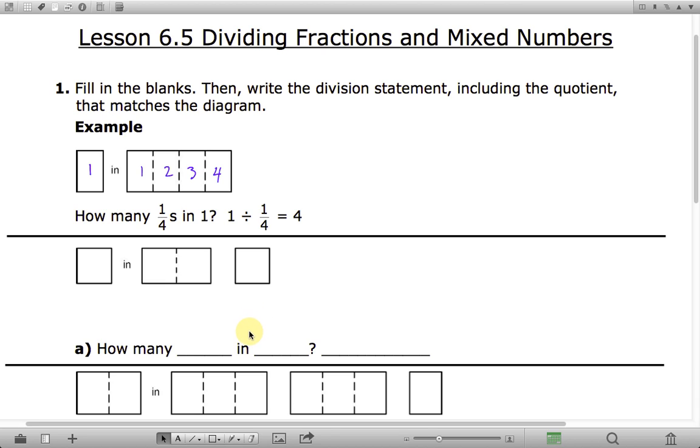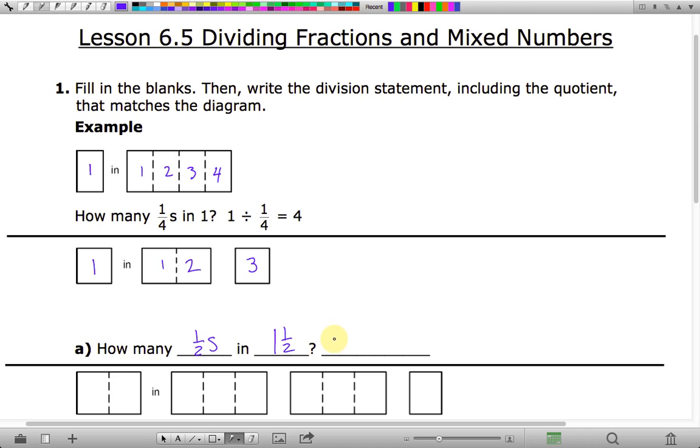And now let's take a look at the next one and see if we can do some similar kind of reasoning. You can see that you've got one whole here that's divided into 2 equal parts. And we have halves, plus we have another half here, so a third half, or in other words, this is 1/2. And we'd like to know how many times this single 1/2 fits, how many halves are there in 1/2?